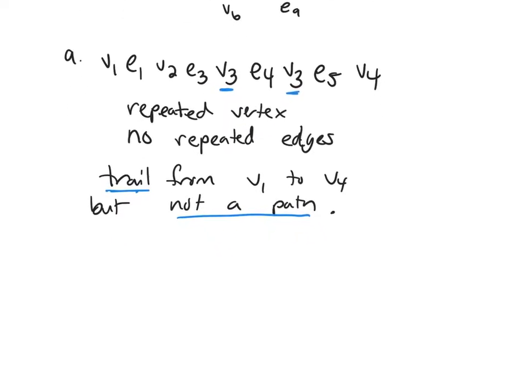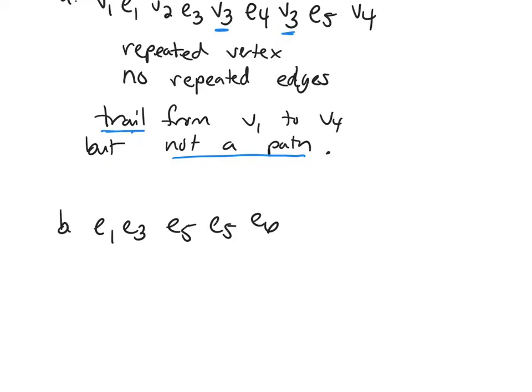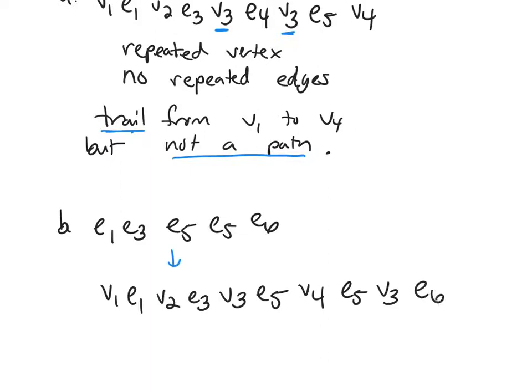Let's look at another one. Let's look at B. Edge 1, edge 3, edge 5, edge 5, and edge 6. So this is an example where they use shorthand notation. If you look back at the picture, you can figure out which walk they're talking about here. This is V1, E1, to V2, to E3, to V3, to E5, to V4, and then edge 5 again, back to V3, E6, to V5.